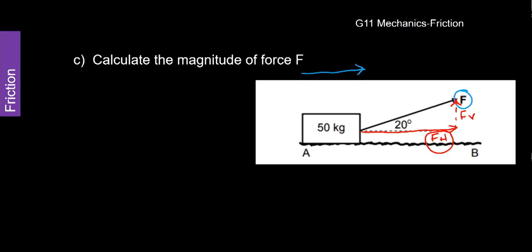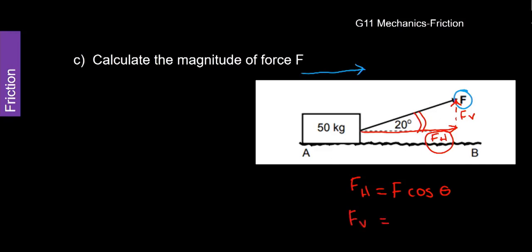So we can write relationships for finding the value of these two components. I'm just going to jot them down here. So we've got the horizontal component is going to be the adjacent side to that angle. And so we are going to say F cos theta, which happens to be 20 degrees. What about the vertical component?